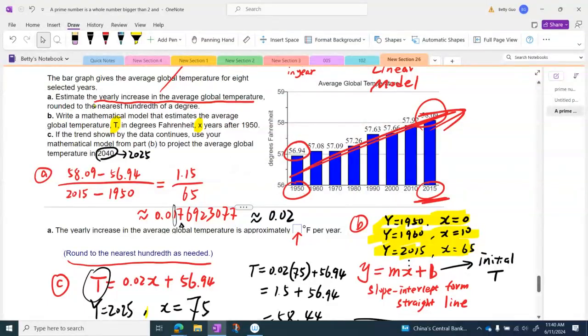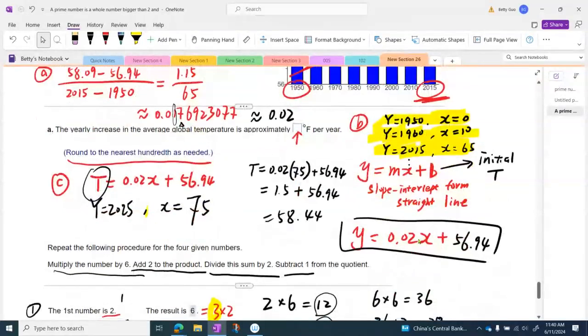In the first part, finding the estimated yearly increase for the temperature is actually finding the slope of the straight line that could estimate the linear trend. Use the biggest temperature minus the smallest temperature as the numerator, and the corresponding year for the highest temperature minus the corresponding year for the lowest temperature as the denominator, and then you'll find the slope. Make sure you round it properly.